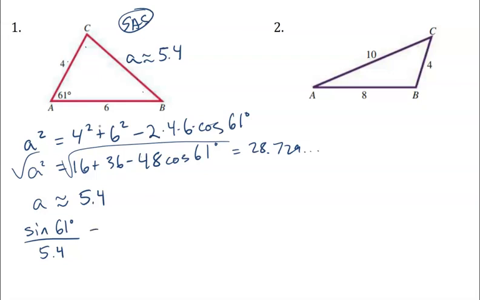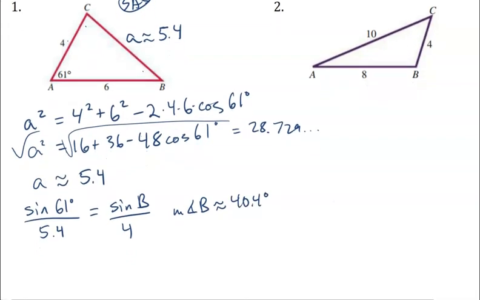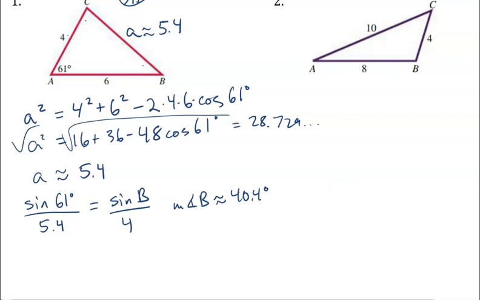So this is equal to sine of angle B over the side across from that, which is 4. Solving this gets us that angle B is about 40.4 degrees. Then to find the last angle, angle C, we subtract from 180.